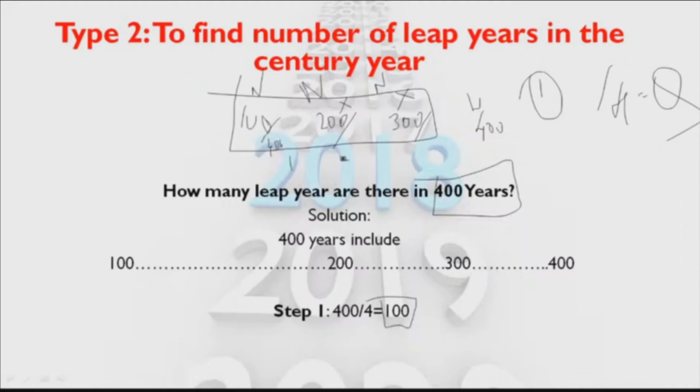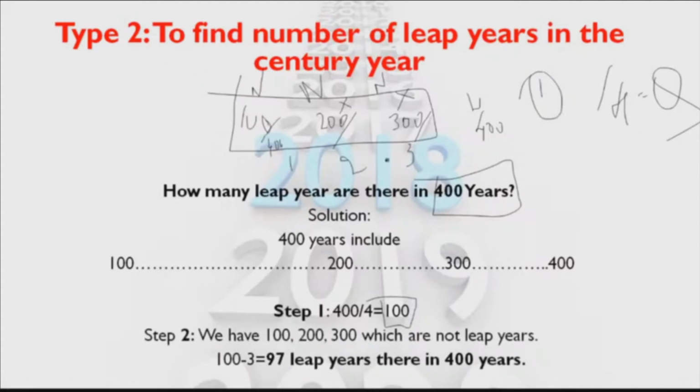You have 1, 2 and 3. So what do we do? 100 minus 3. Why do I do this step? Because 100, 200, 300 are divisible by 4, but we do not consider them to be leap years, right? So they are included in this 100 which we got as the answer. We need to take them out. So we do 100 minus 3, which is nothing but 97.